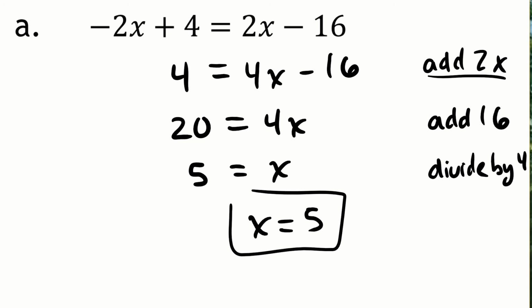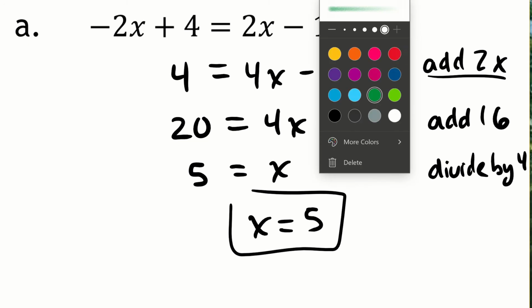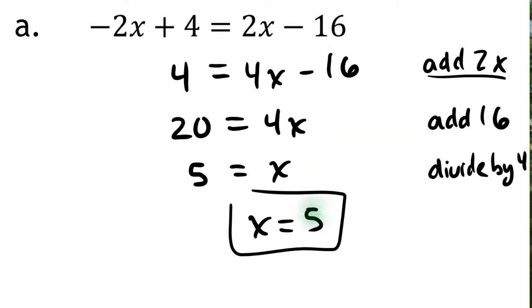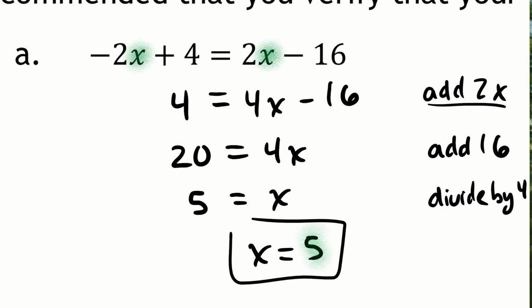How can I verify that? Well, I can verify it by taking this number 5 and placing it here and here. If I place the number 5 in those two spots, I'll just write my check up above it, I'm going to get negative 2 times 5, which is negative 10, plus 4.